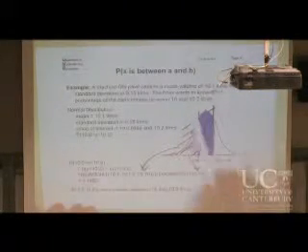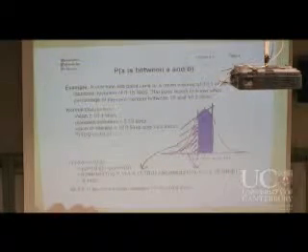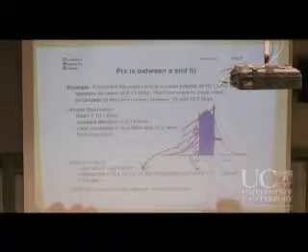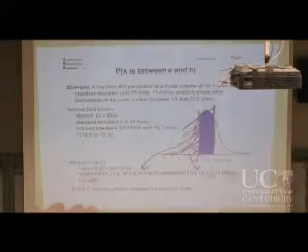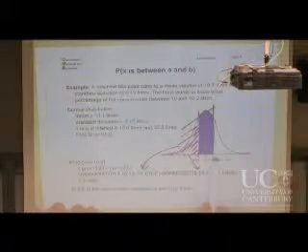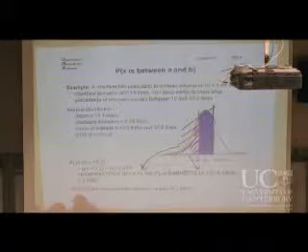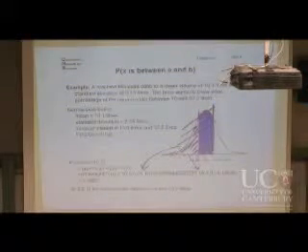And so if we want the blue shaded bit, basically we take the green bit, subtract the pink bit, and that gives us the blue bit. So that's the green bit, which is less than or equal to 10.2. This is the pink bit, less than or equal to 10, and the blue bit, which is between the two, is the bit we're interested in. So the answer is that 49.5% of the cans contain between 10 and 10.2 litres.